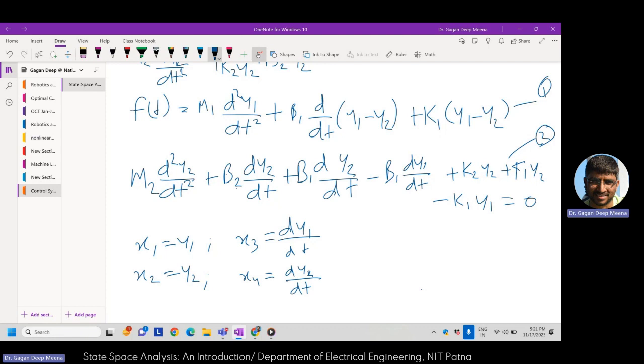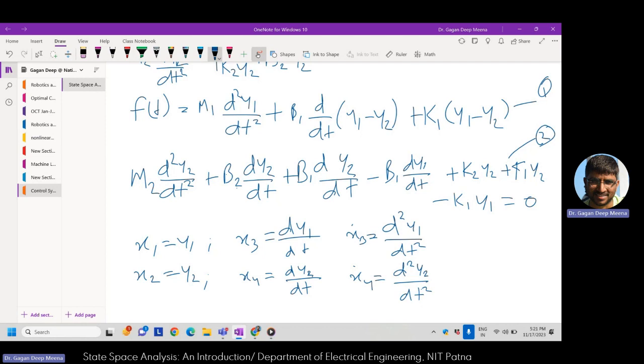Now if I want to look at the double differentiation of y1 and y2, that would become my x3 dot as d square y1 by dt square, and x4 dot would be my d square y2 by dt square.